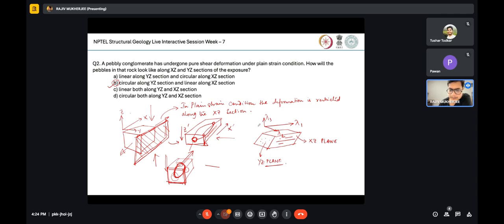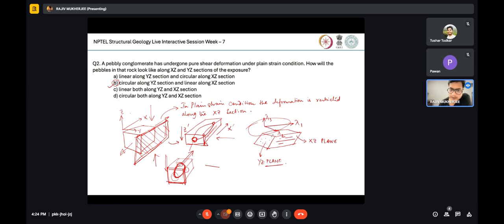So the strain ellipse is like this, right? And we are observing the maximum direction and the minimum possible direction, a section with maximum deformation and a section with zero deformation.